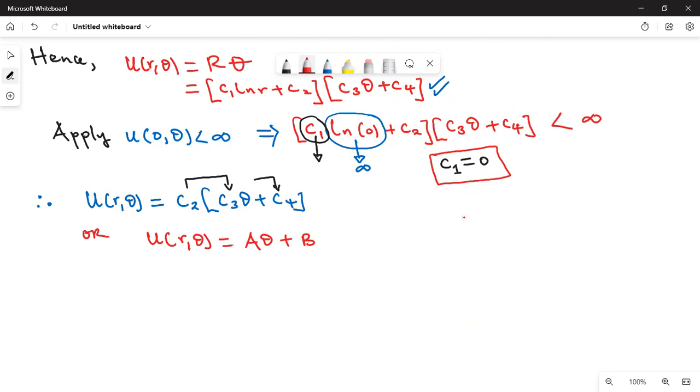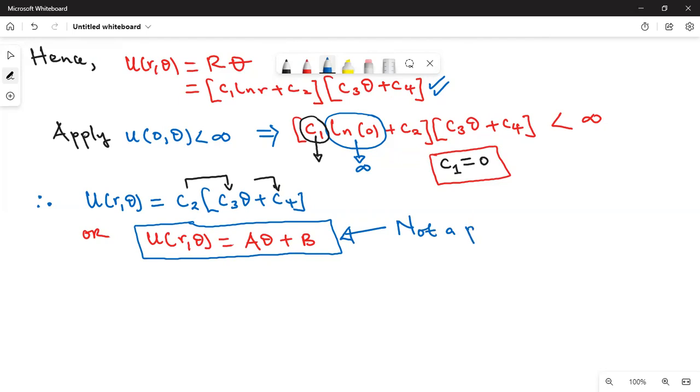We cannot even apply the other boundary condition. Now, this is the question you need to ask yourself. Is this solution periodic? This is not a periodic solution.